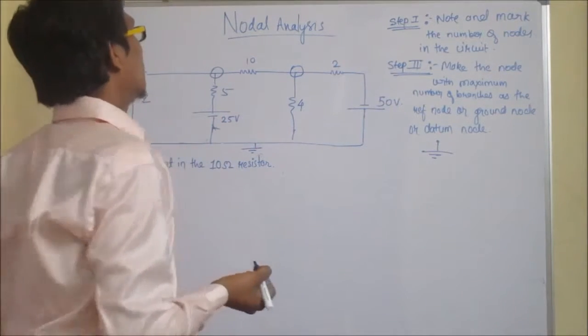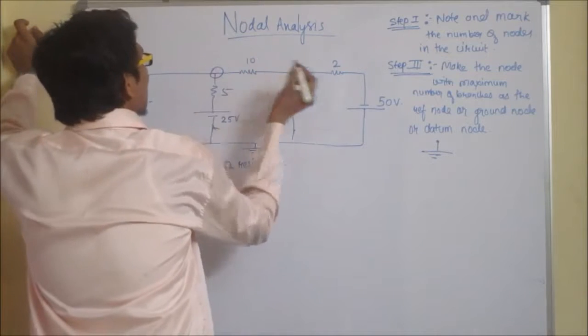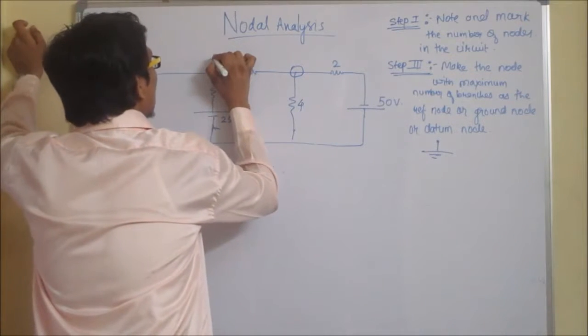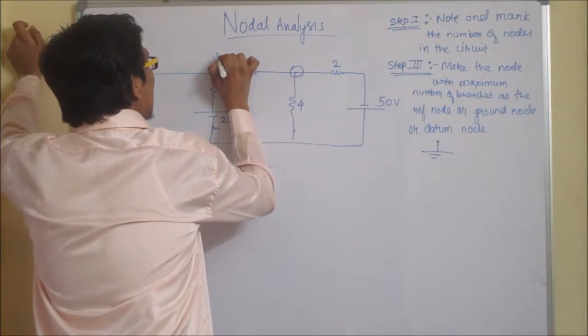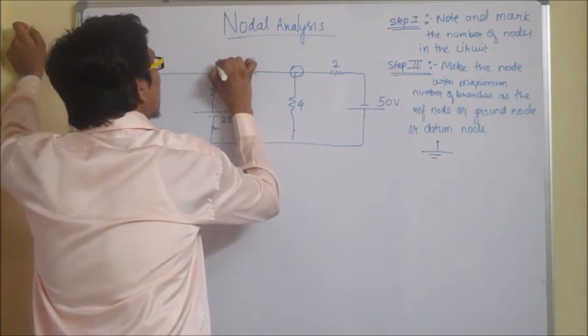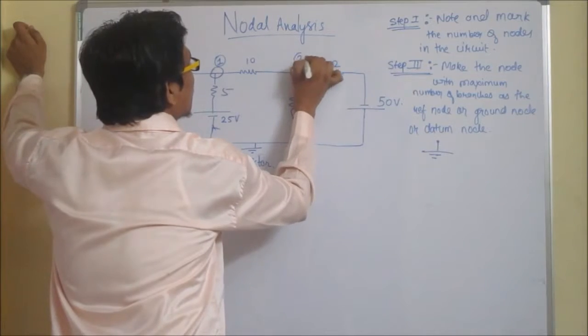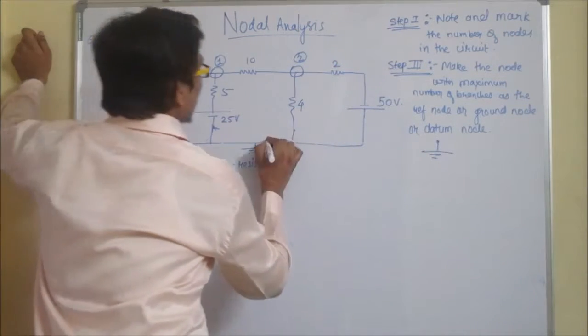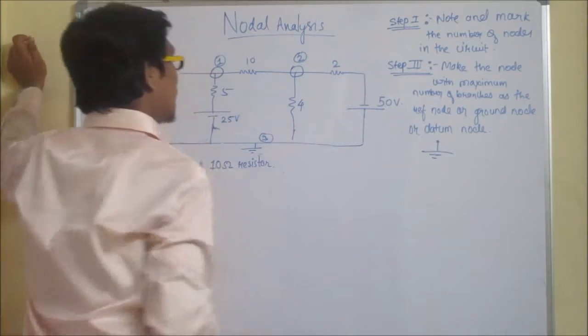And I'll note and mark the nodes: this is node 1, this is node 2, and this is my node 3, which is grounded.